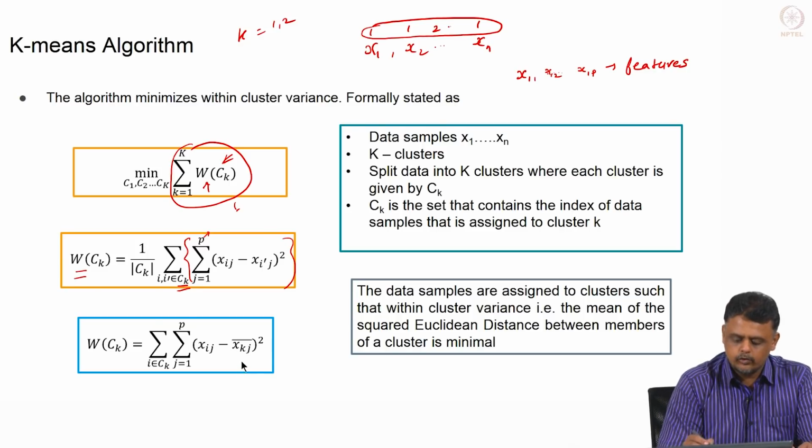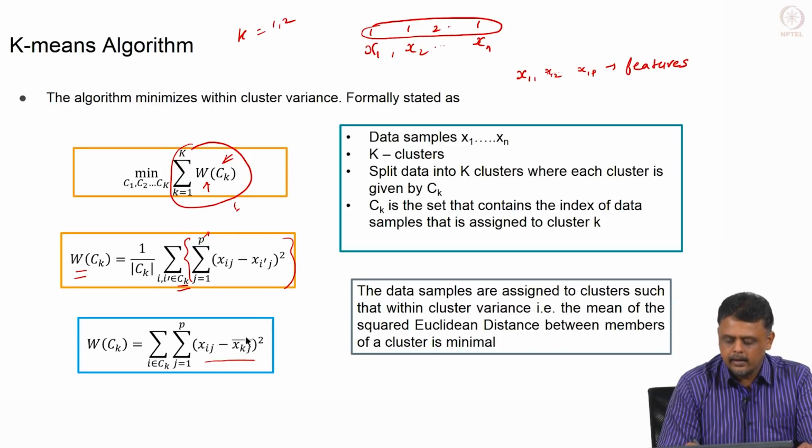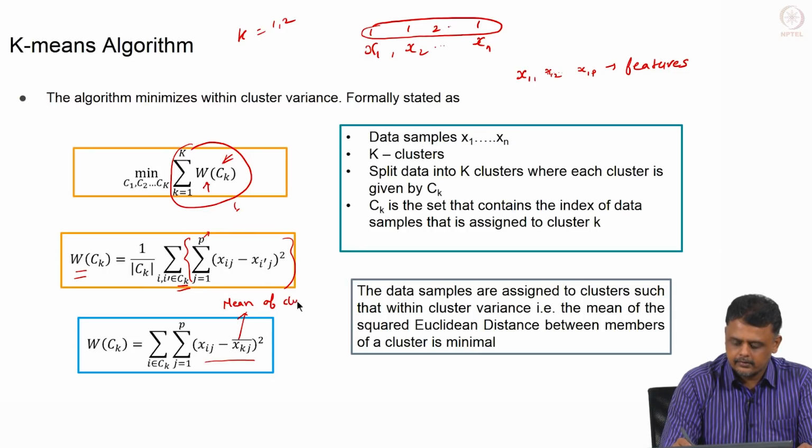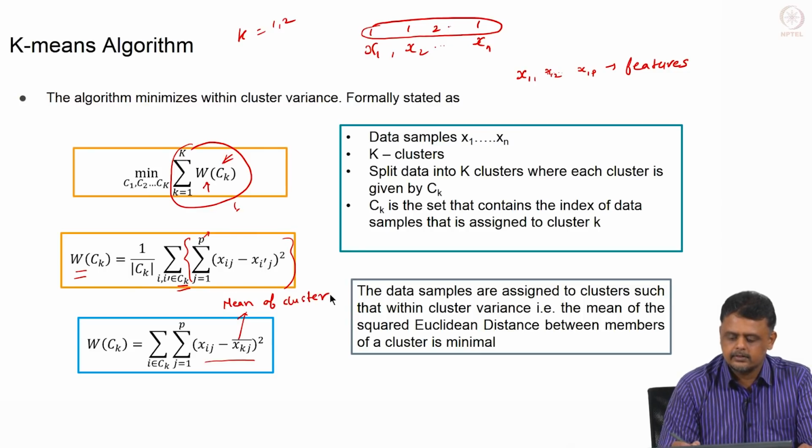We can rewrite this formula as xij minus xkj bar, where xkj bar is the mean of the cluster, which is also known as the cluster centroid.